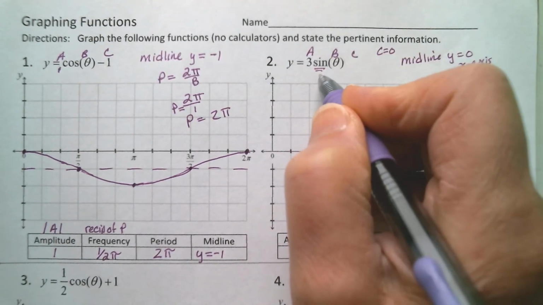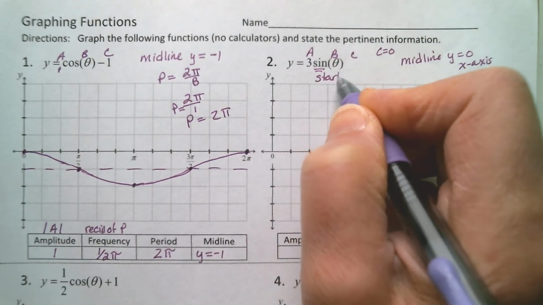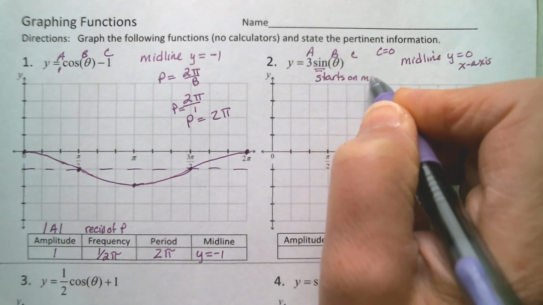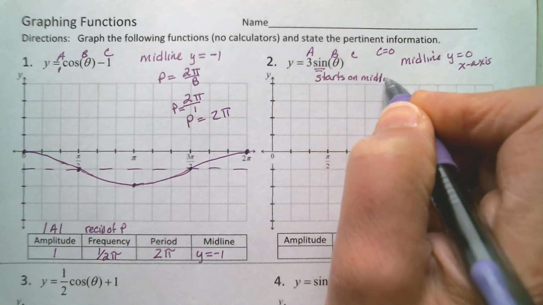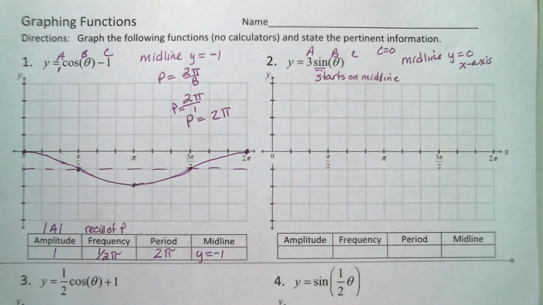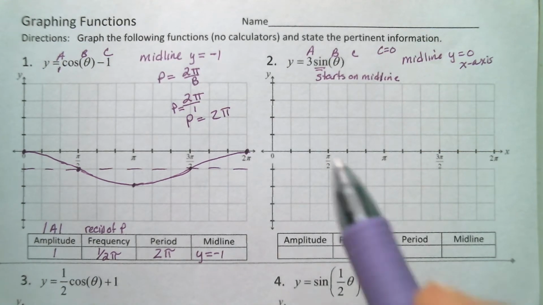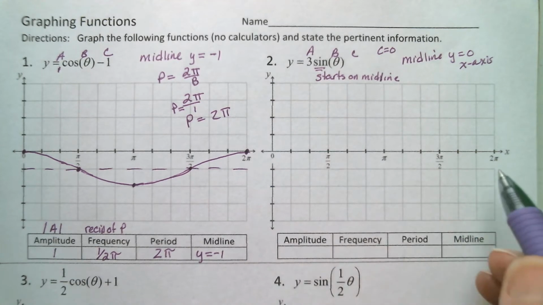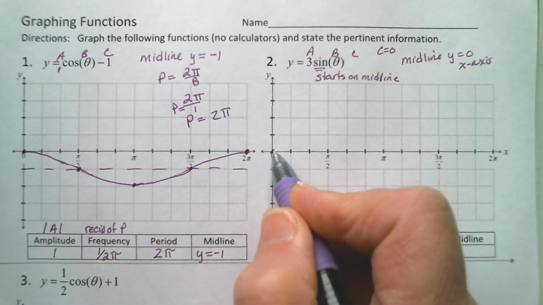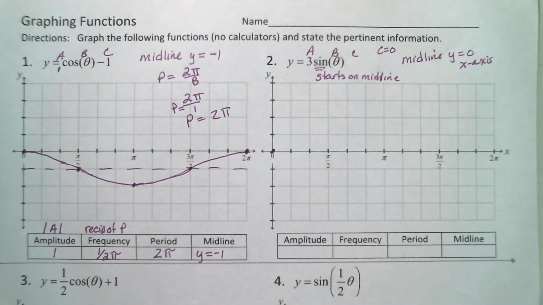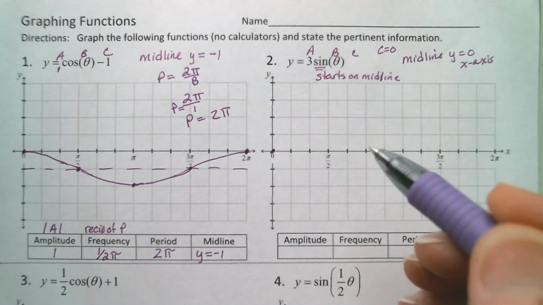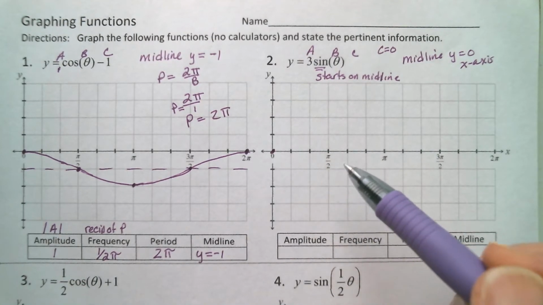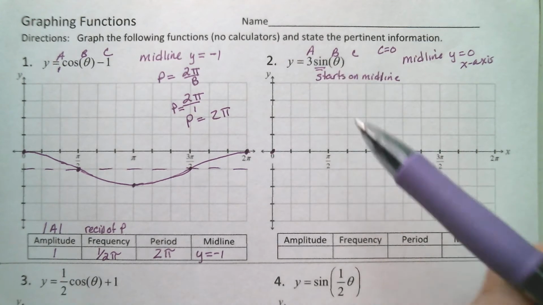Sine starts on the midline. A is 3. So we're starting on the midline, and then it's going to go up to its max, which is going to be 3 above the midline.